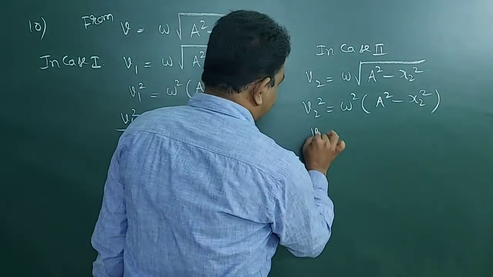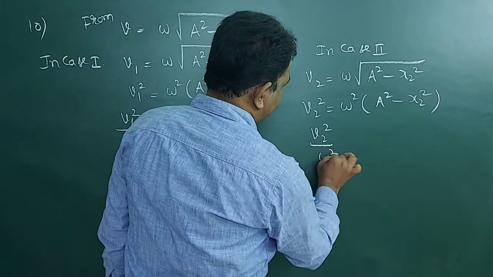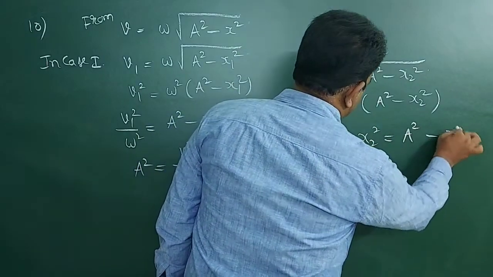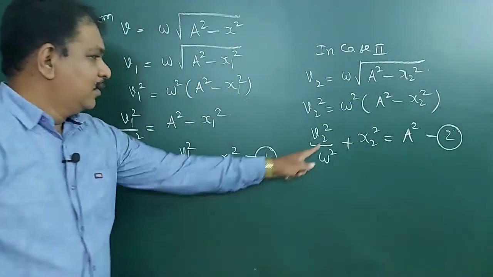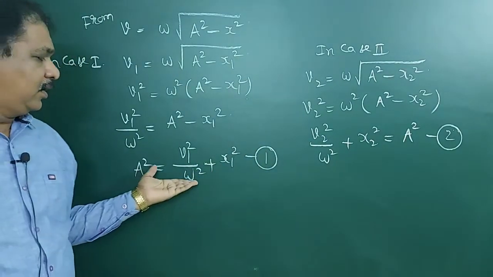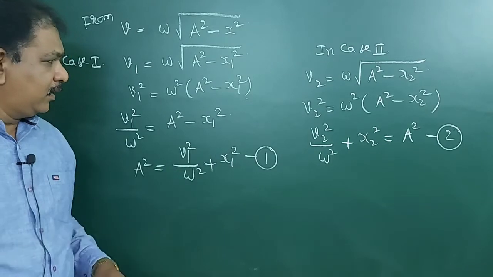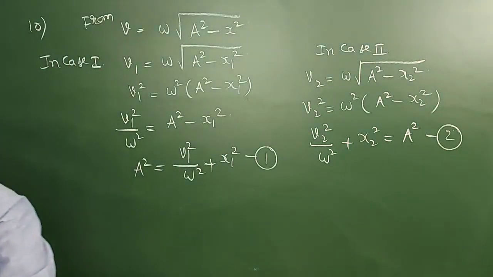Bring this one to this side: a square is equal to v2 square by omega square plus x2 square. These two you equate, find the omega value, and from that you calculate the time period.